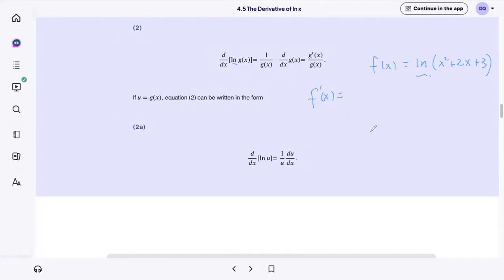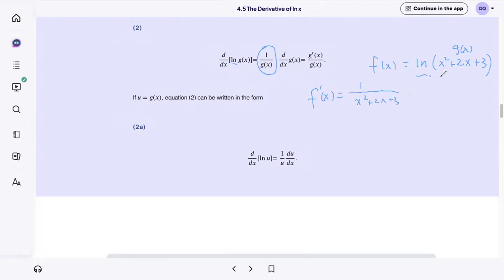We take the derivative of ln, that's this part. Inside this is g of x. So I have 1 over, remember the derivative of ln x is 1 over x, so 1 over this g of x, which is x squared plus 2x plus 3.